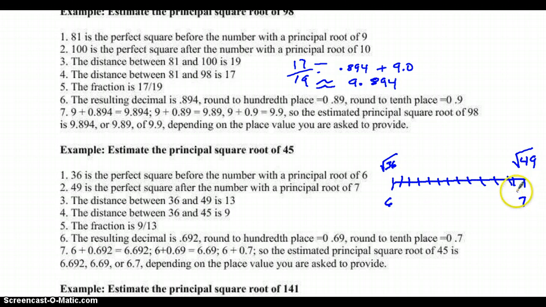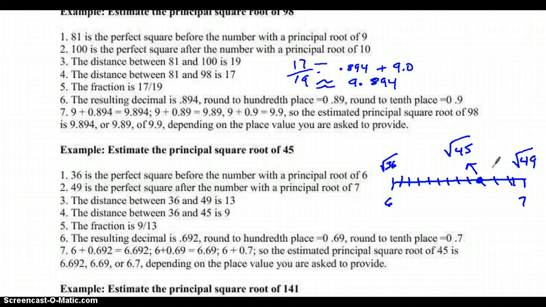So we know that if we subtract, and let's put square root of 45 on the top, if we subtract 36 from 45, we're going to get 9. So coming to the left, 1, 2, 3, 4, 5, 6, 7, 8, 9. It's going to fill in right here.